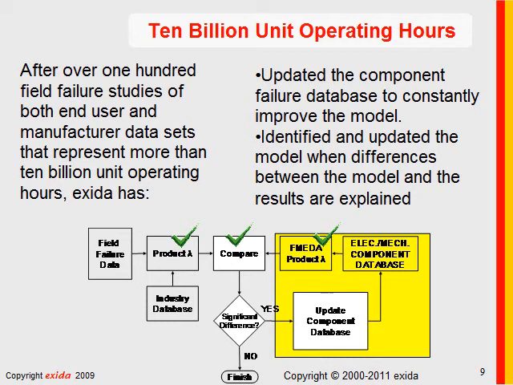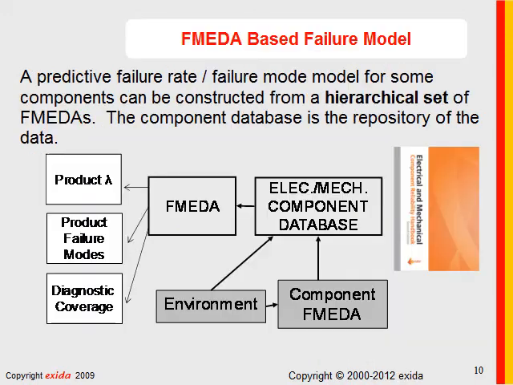Now, I will say in some cases the problem was in the field failure data collection, but in other cases the component database needed to be updated and recalibrated. When you have done enough of these field failure studies, and to me, 100 is far more than enough, the data in the component database starts to get very accurate in terms of predicting failure rates.